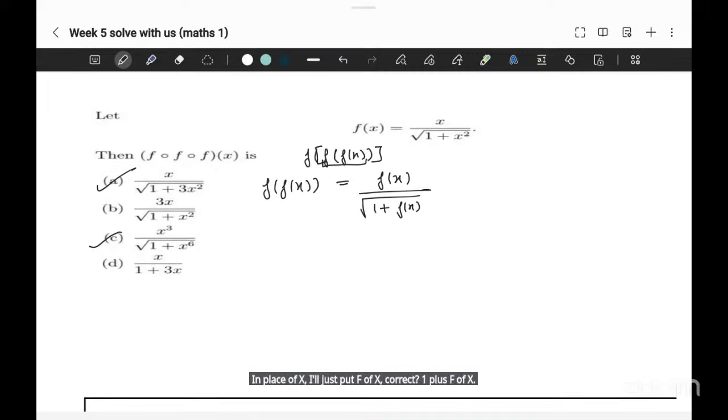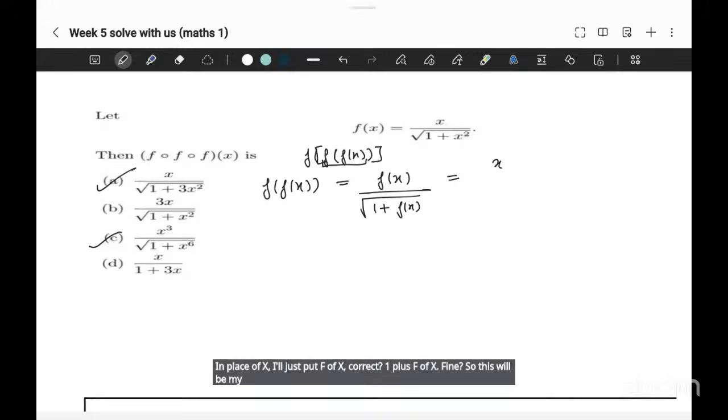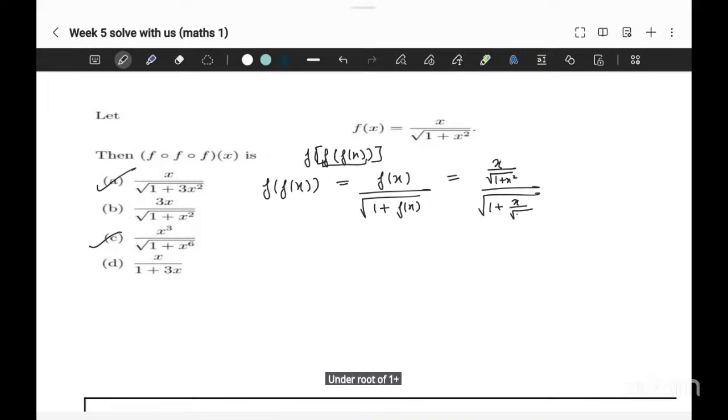Fine. So this will be x by under root 1 plus x square, divided by under root of 1 plus x square upon 1 plus x square. Fine.